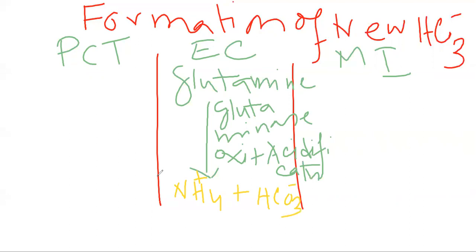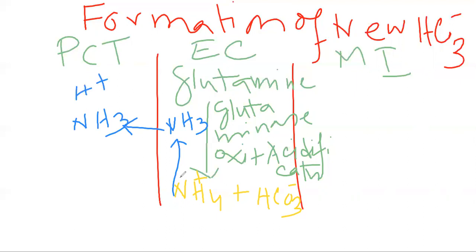Now this ammonium ion can either convert into ammonia and easily pass through the cell membrane, come into the proximal convoluted tubule, and immediately react with the hydrogen ion which is present in the PCT, and it will form the ammonium ion. This is one thing which can be possible.